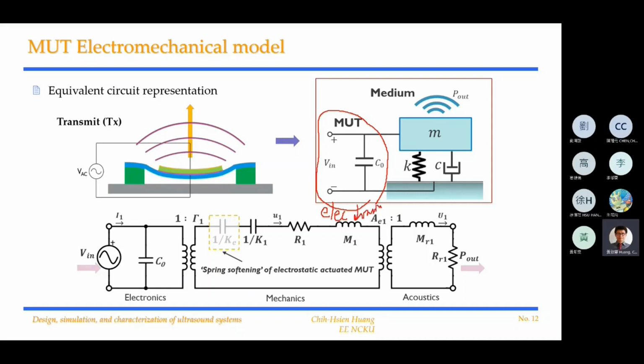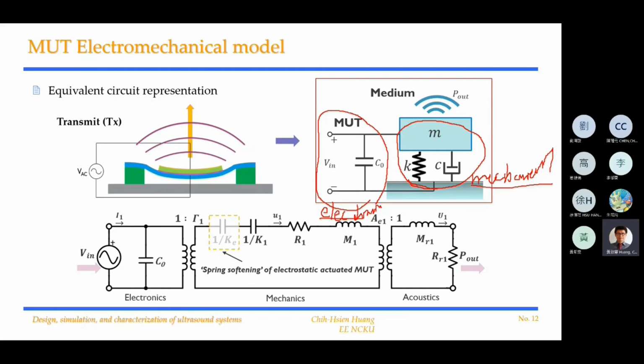And after that, the energy will convert into the piezoelectric layer itself and the supporting layer, which are the mechanical structures. So this part here will be our mechanical part. So first we convert from electrical to mechanical.